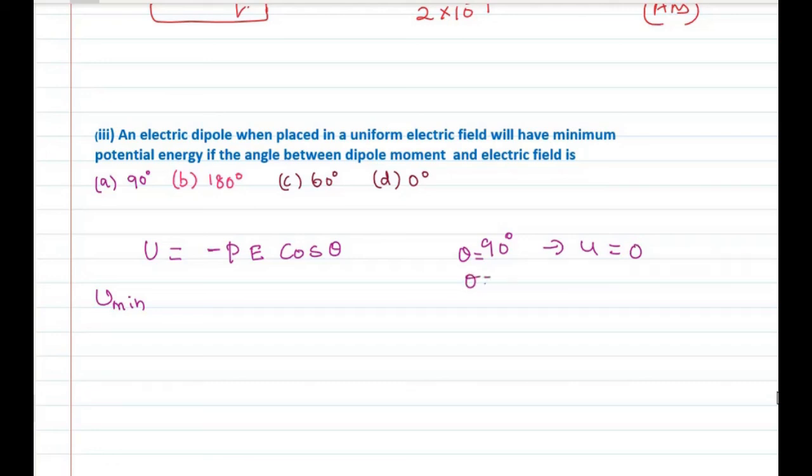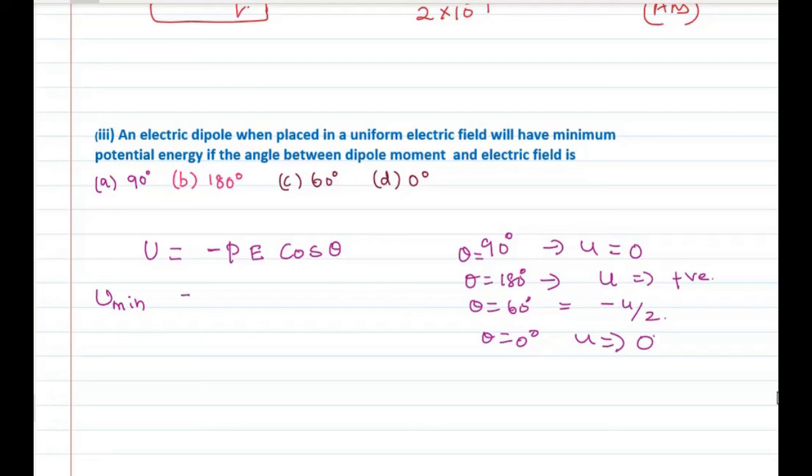When theta is equal to 180 degrees, cos 180 is minus 1, so minus times minus becomes a positive value. When theta is equal to 60 degrees, we get some value like P E by 2.